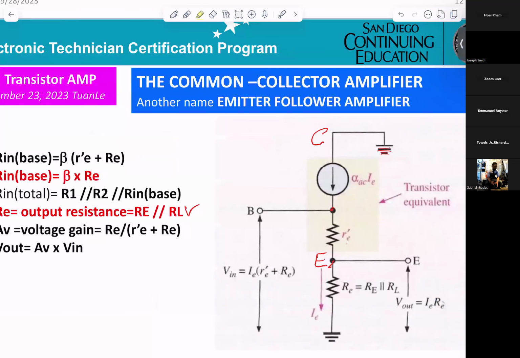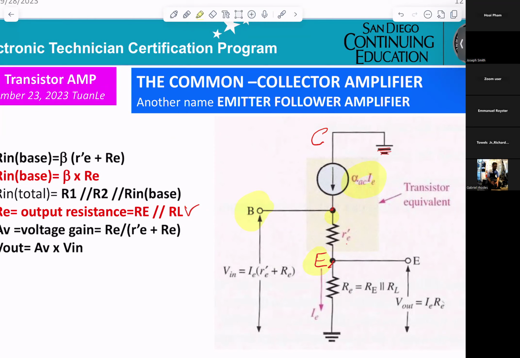Now, they draw the AC model. This is the base. This is the emitter here. From the collector to the base, you get a current source. That will be alpha AC times IE.